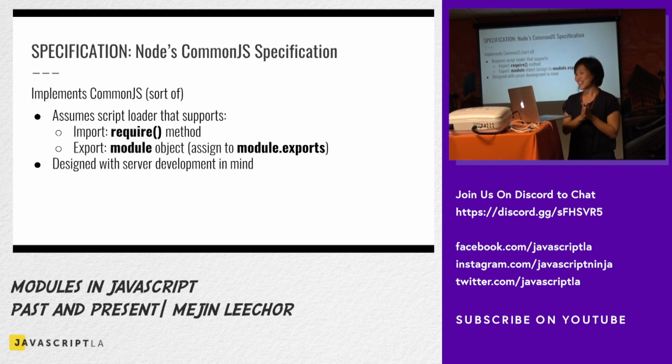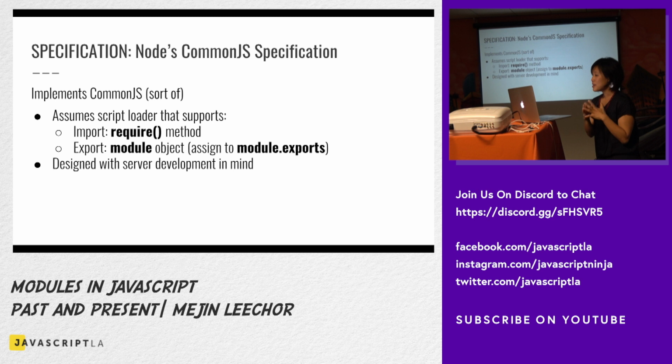But anyway, Node had a number of competitors at the time that were also in the business of creating server-side environments for JavaScript, but Node won, and the CJS, the CommonJS specification name stuck with the Node implementation. So that's what we think of when we say CommonJS today. We're talking about Node's implementation of modules.